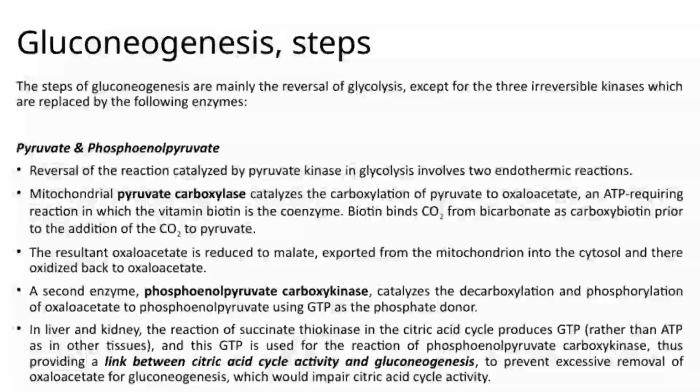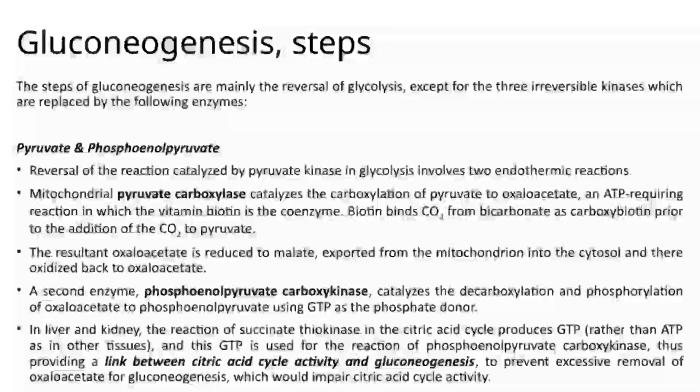This connection helps prevent excessive depletion of oxaloacetate, ensuring that the citric acid cycle continues efficiently while glucose is being synthesized. So, in summary, these steps highlight how gluconeogenesis cleverly bypasses the irreversible reactions of glycolysis, and the interplay with the citric acid cycle ensures everything functions smoothly without depleting key intermediates.